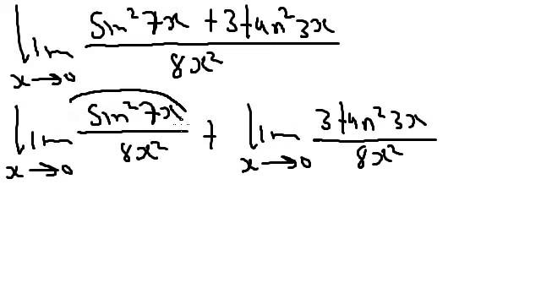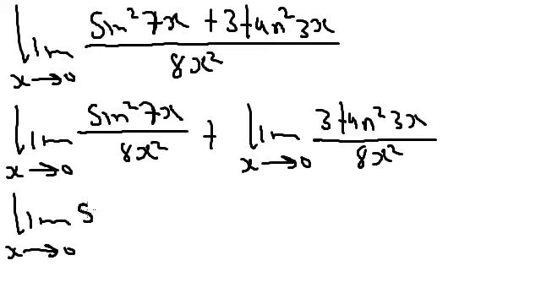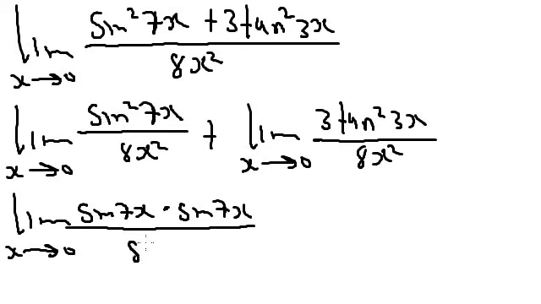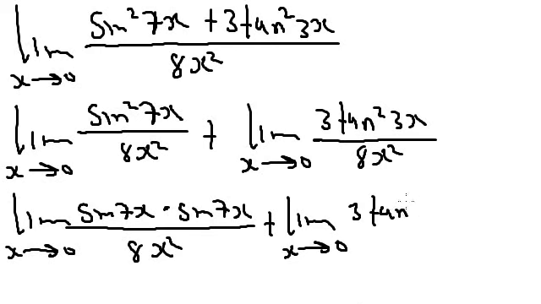First, let's split sine squared 7x into two. So we have the limit as x approaches 0 of sine 7x multiplied by sine 7x, all divided by 8x squared, plus the limit as x approaches 0 of 3 tan squared 3x all divided by 8x squared.